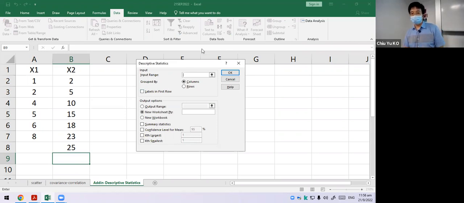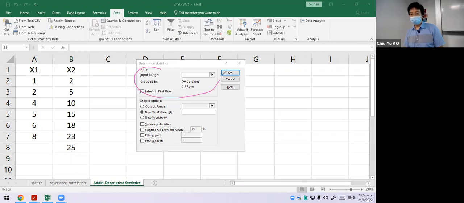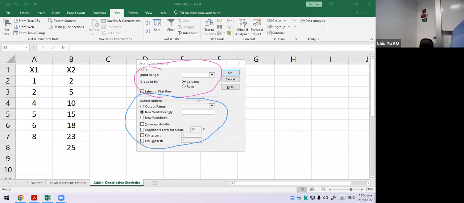Always two parts. Here is the input part, and here, the blue one, is the output part. So always two different things. You first tell it what data you have stored. The second is where you want the output and what kind of output you want. Okay, so let's get started. We start with the input.